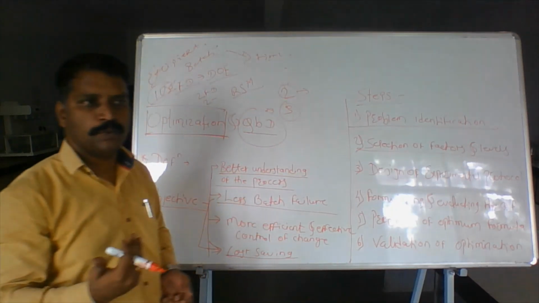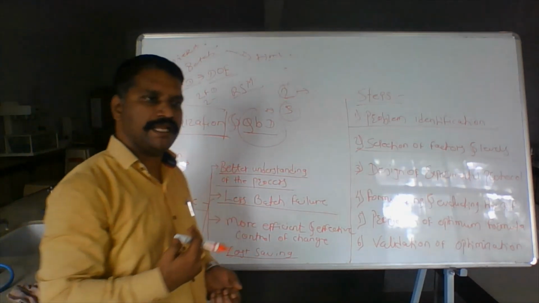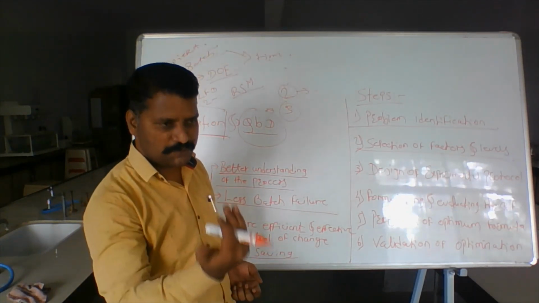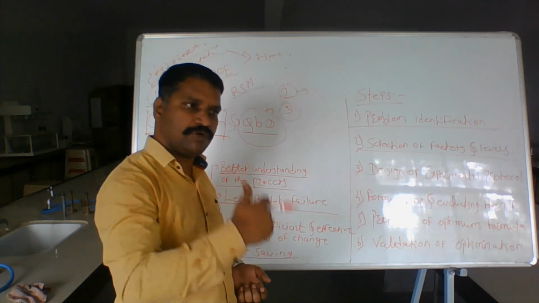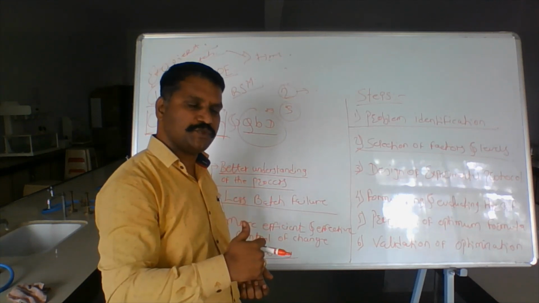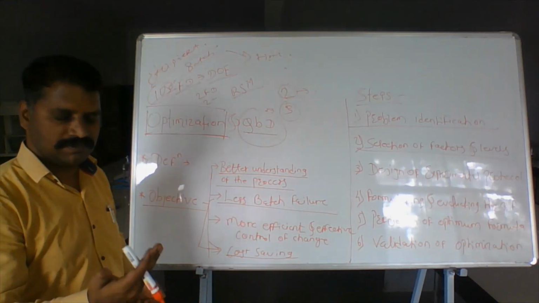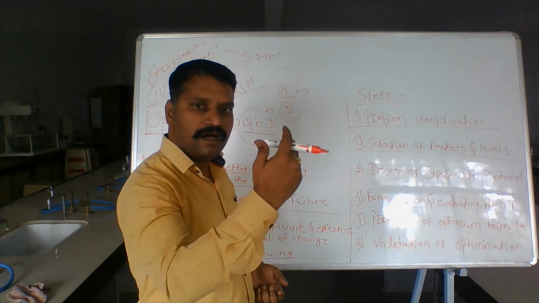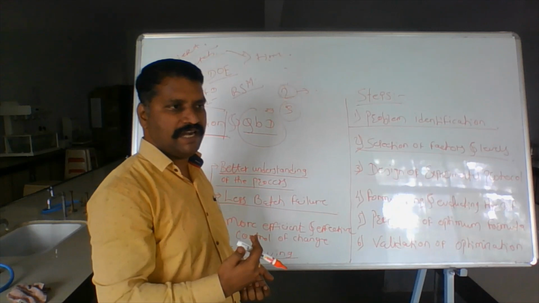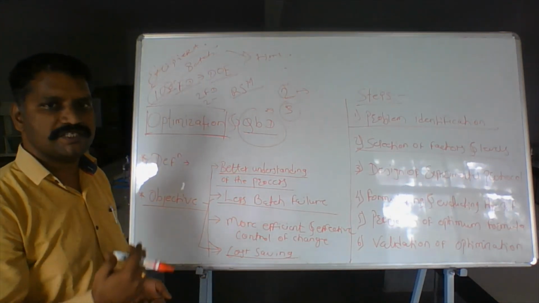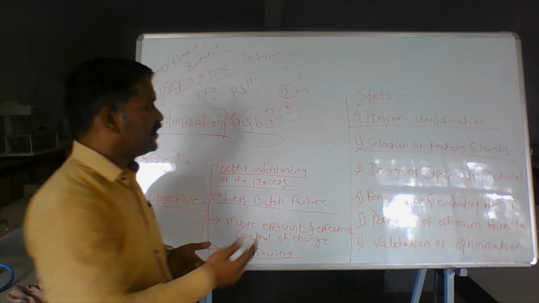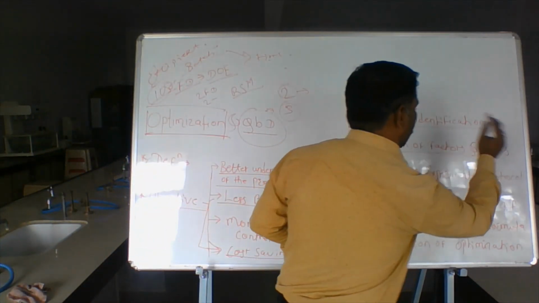Suppose you are going to optimize the processing variables of one equipment, a spray dryer: inlet temperature, outlet temperature, product temperature, atomization speed. So these will be your independent variables. And the selection of levels: you can decide these levels on the basis of trial and error or some experience. Okay, so selection of factors and levels is done.